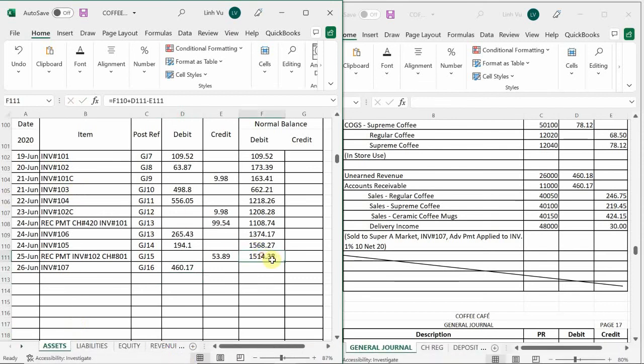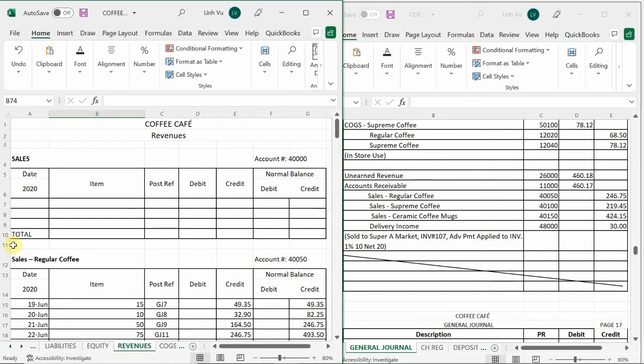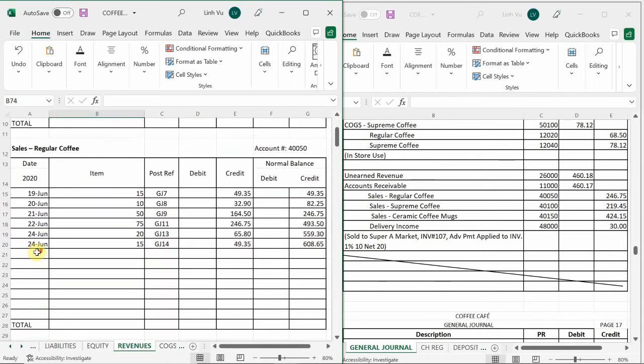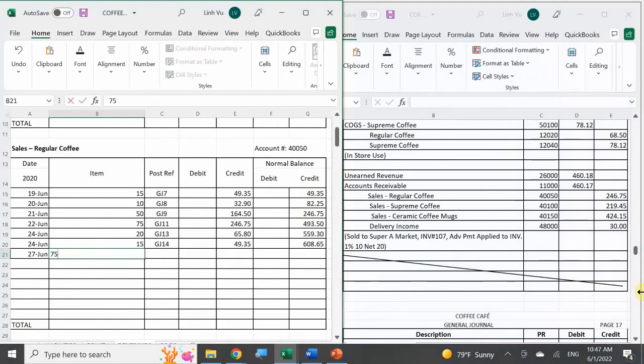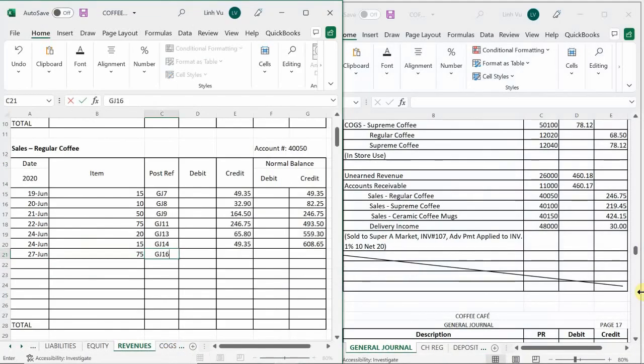Okay, and that should definitely increase your value by 19.74 and 55 cents that customers owe you. Okay. We also have to update our sales because we sold some coffee. Okay. So in this case, on the 27th, we end up selling how much coffee? We end up selling 75 pounds of the regular coffee.